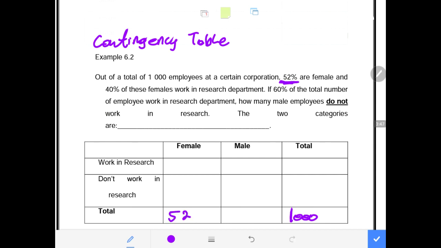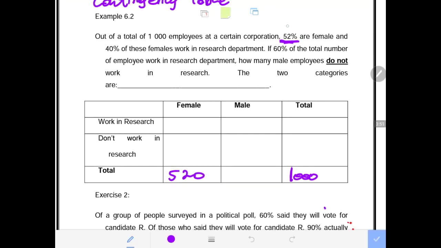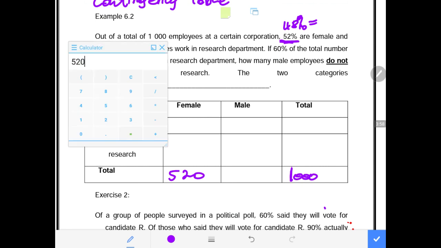That means now if 520 are females, that means 48% of them are males. Therefore, remember, out of 100%, we say 100 minus 52, the rest will be male employees, which is 48, and divide that by 100, which is a percentage, multiply this by 1,000, it will tell us the total number of the employees in this company who are male employees.